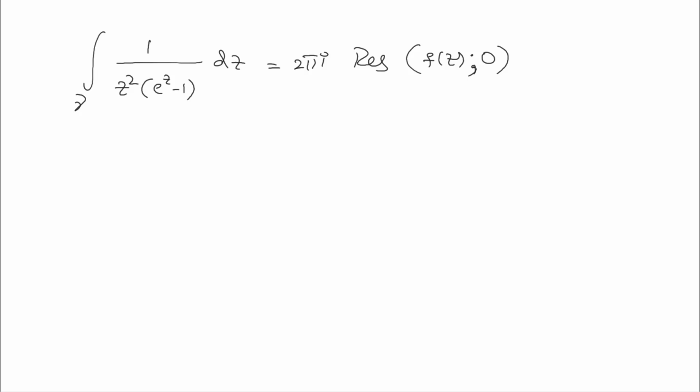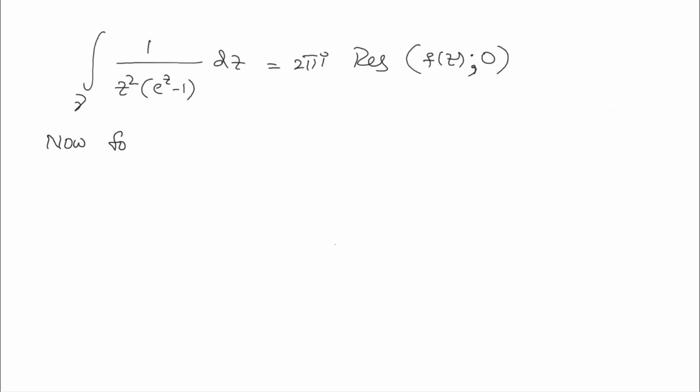Now if we can calculate the residue of the function f of z at the particular point z equal to 0, we can simply see the answer for this problem. But since there are many methods to calculate the residue of any function at any singularity, such as by using a formula, the standard method is looking at the coefficient of 1 divided by z in the Laurent series expansion. So we follow the Laurent series expansion method.